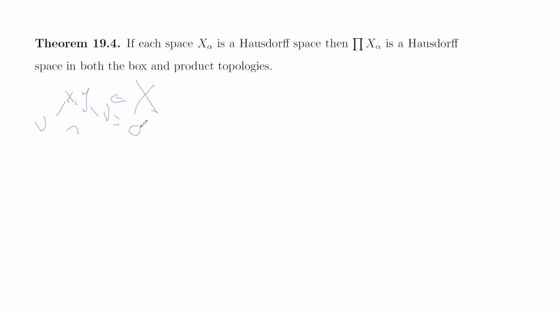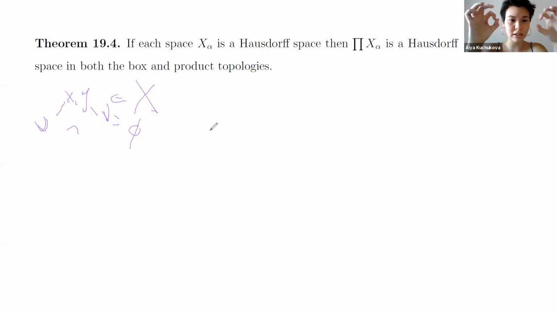Terrible writing, hope you understand. This is U. So you mean that for any X, Y, you can always find two non-intersecting sets? Basically, if you have two points, you can always draw circles around them so that they don't intersect. Okay, yes, that makes sense.